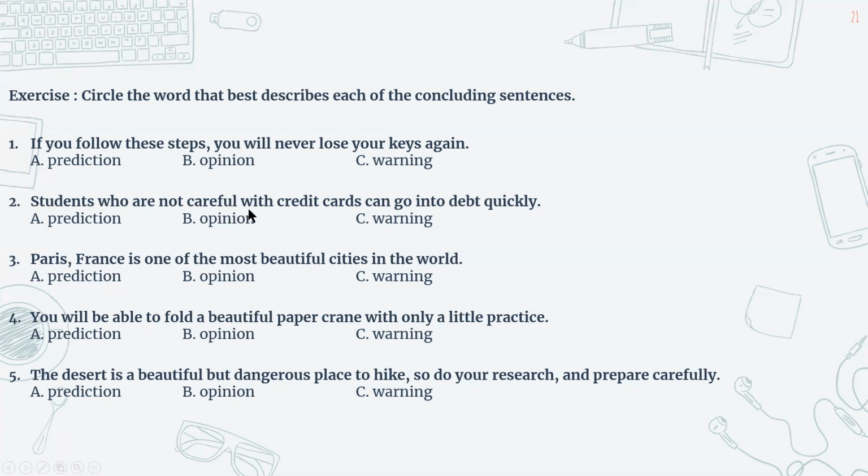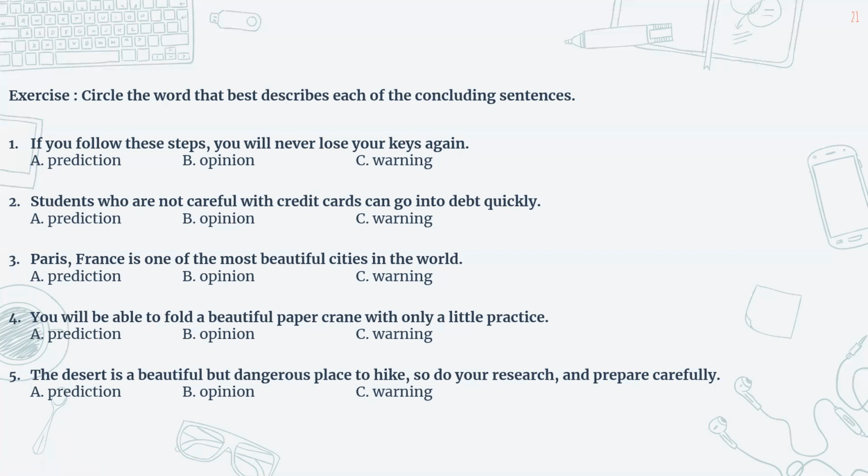Students who are not careful with credit cards can go into debt quickly. Okay, so this is not a prediction. This is a warning. I'm warning my readers. Paris, France is one of the most beautiful cities in the world. Okay, this is my opinion. I'm ending the paragraph with an opinion.